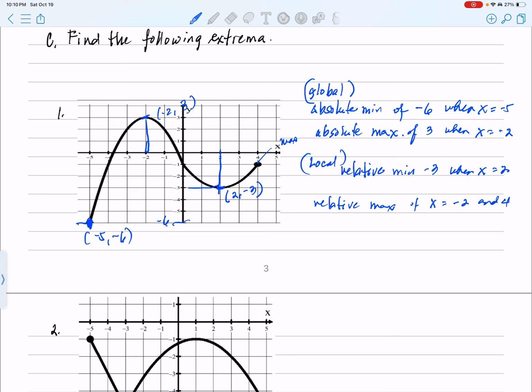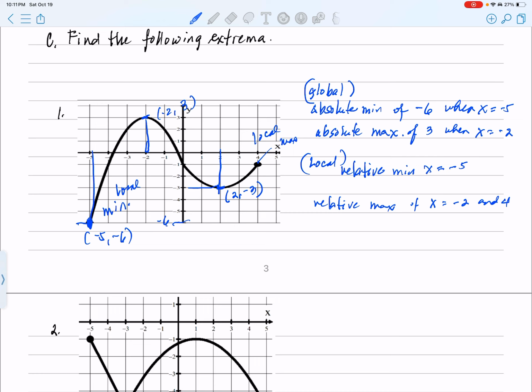Minimum, okay, I will rewrite this. Minimum is found when x is at negative 5, right here. This is minimum. Local minimum, relative.